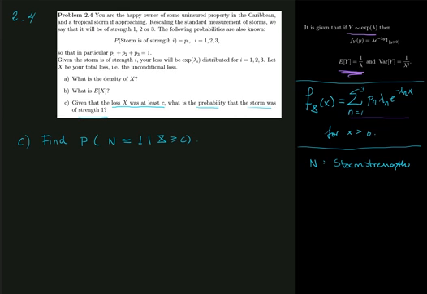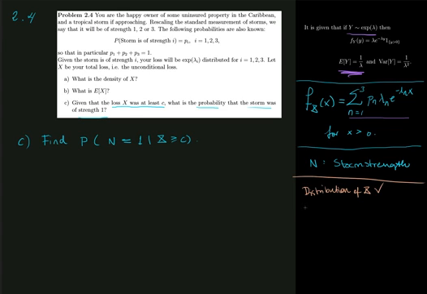Now, what we can start by doing is think a little bit about what we know by this point. Well, we know the distribution of X. We have its density, and hence we can also find its distribution function. What else do we know?